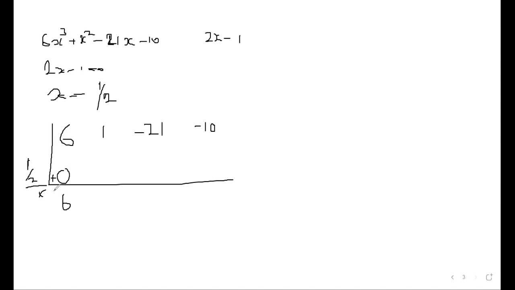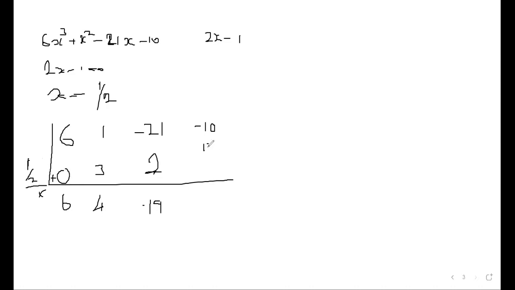So now in this case we're going to multiply 1 over 2 times 6. That would give us a 3. In this case we add again here this by that. This would be a 4. This by that. That should be a 2. We add this. What we get is actually negative 19. This by that.